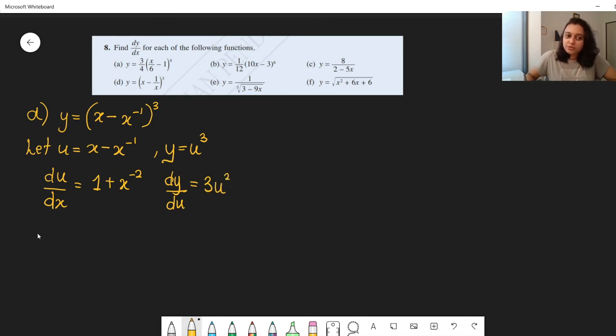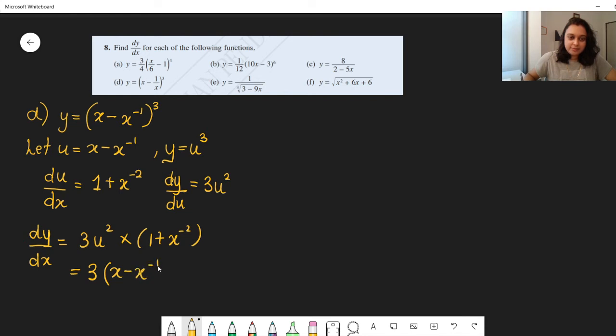Done. Now fill in your chain rule formula. dy dx equals dy du, which is 3u squared, multiplied by du dx, 1 plus x to the power of negative 2. Fill in the u: u is x minus x to the power of negative 1.